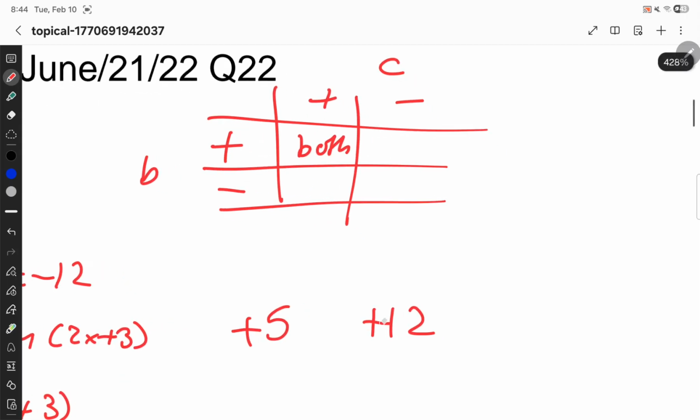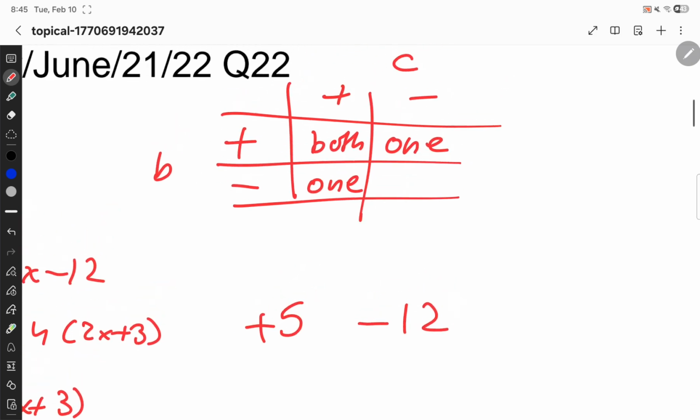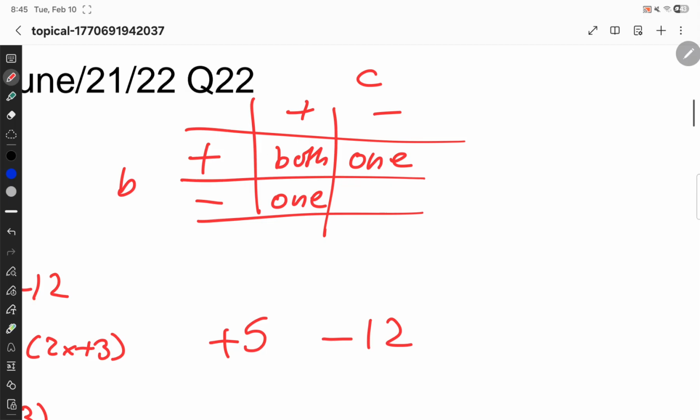If C is negative instead, and B is positive, that means that one of the rows will be negative, and you just have to find which way to do it.